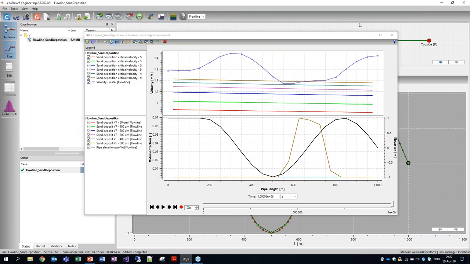So if the velocity increases, then you'll re-entrain all the sand again. We will re-entrain the sand that is deposited, yeah, that will be transported.